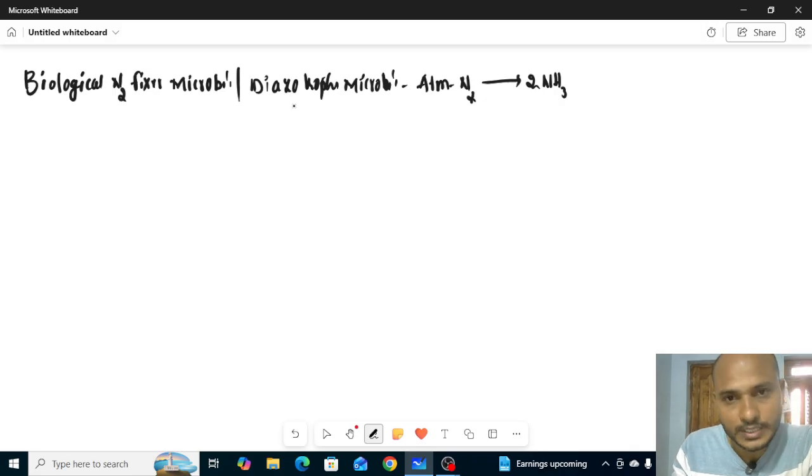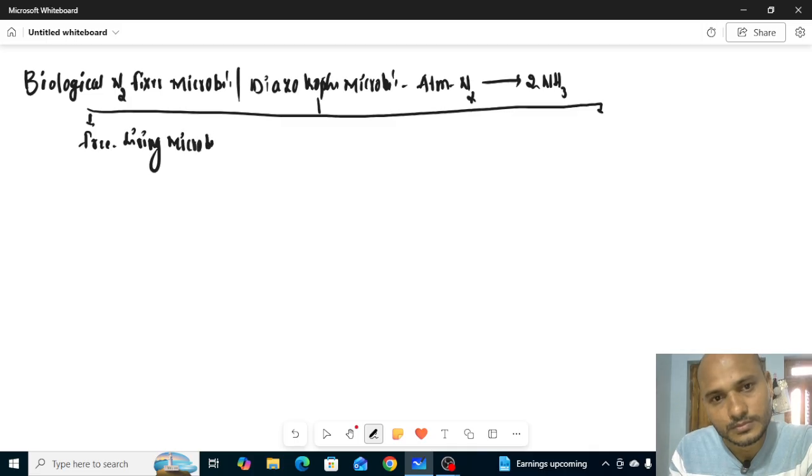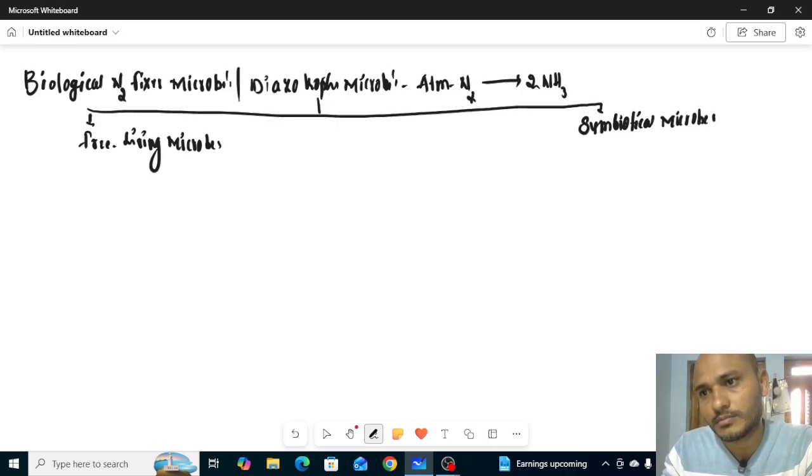Right. So we classify these microbes into 2 categories because some microbes are free living and some microbes are mutually or symbiotically living. So here first we discuss free living microbes, and symbiotic microbes.